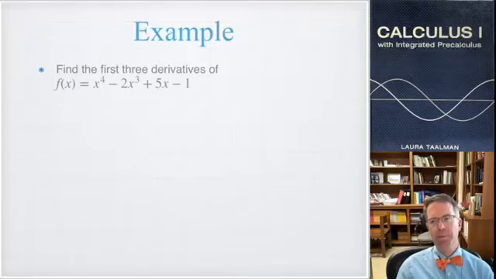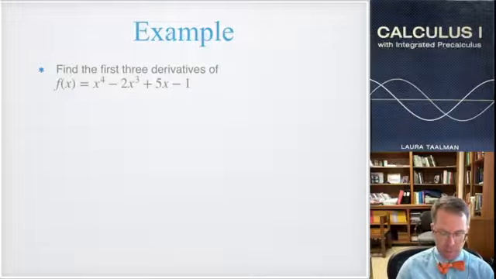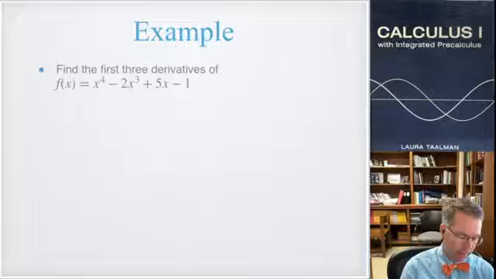So for example, if I had this function, f of x is x to the fourth minus 2x cubed plus 5x minus 1, and I want to find the first three derivatives, then I will calculate a new function, f prime of x, the first derivative.